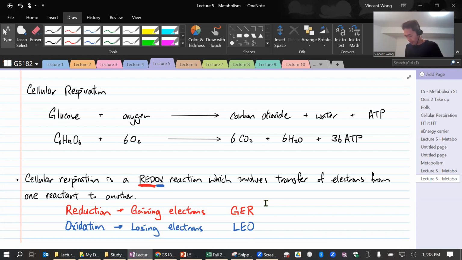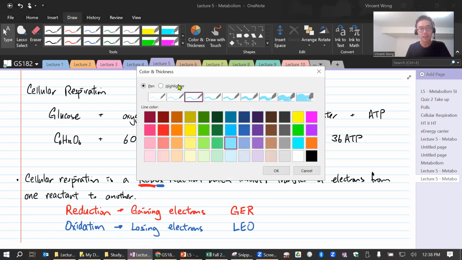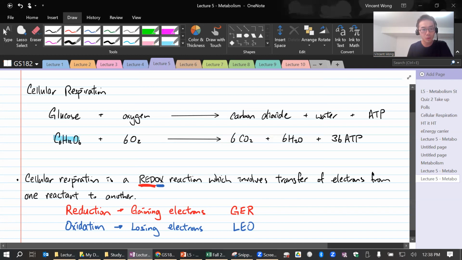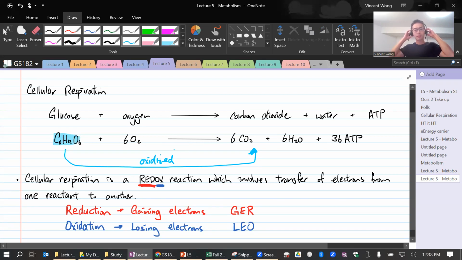So in cellular respiration, the glucose is the molecule that is going to be oxidized. Okay, so let's highlight it. Glucose is going to be losing electrons and is going to be oxidized into carbon dioxide.